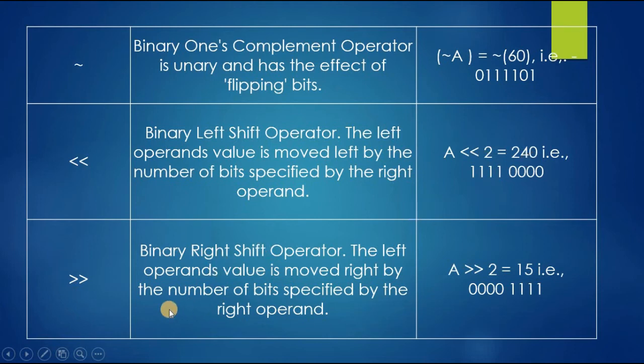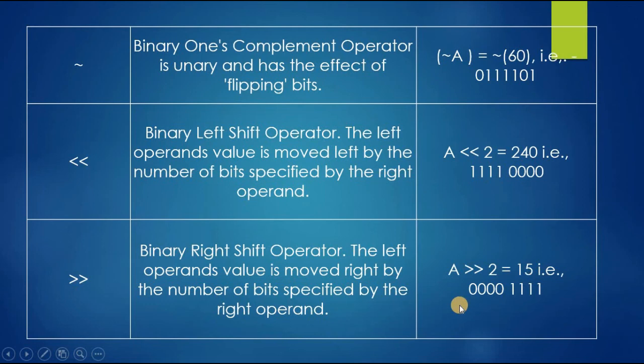Next is the right shift operator. For the right shift operator, the left operand's value is moved right by the number of bits specified by the right operand. Example: A right shift 2 is equal to 15.